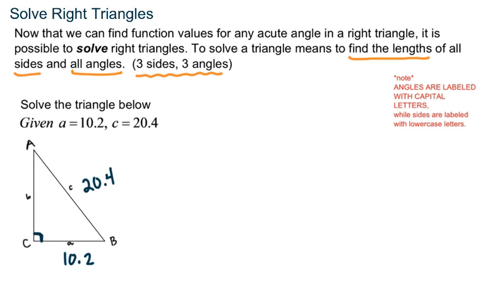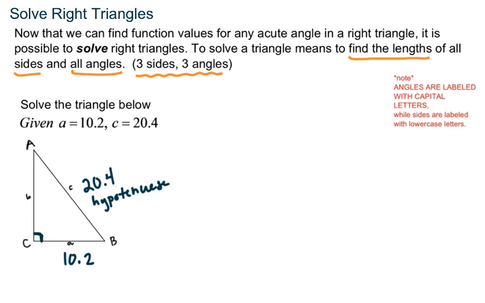Considering this, and considering we have a right triangle, I automatically know that 20.4 is going to be my hypotenuse. The challenge we're faced with here is we need to determine what these two acute angle measurements, A and B, are, as well as the length of side b.